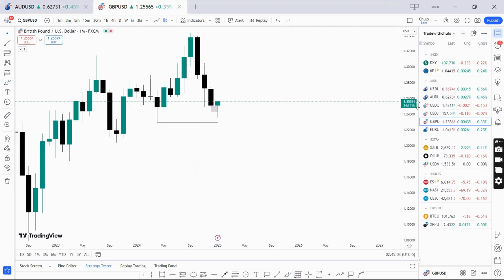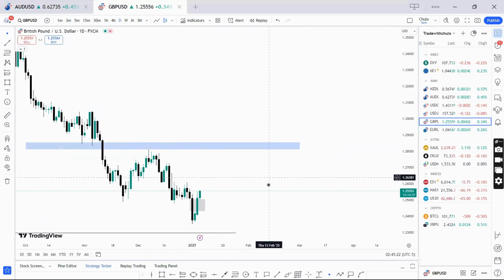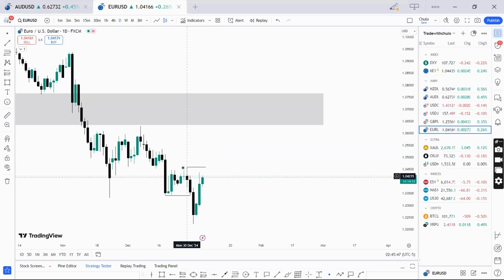Or Euro USD, I think Euro USD took out the external range liquidity before coming for this tiny fair value gap here. So what I'm expecting GU to do, same thing on Euro USD: now we have taken out this liquidity. This movement will be confirmed when this structure is broken. Same thing happening on Euro USD. Confirmed when this structure is broken.